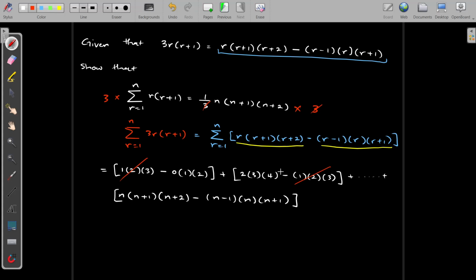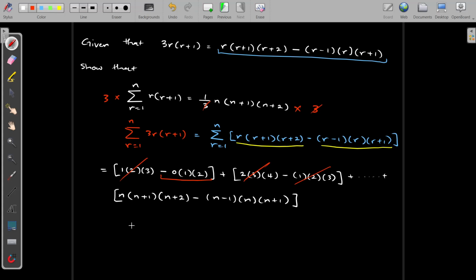We wouldn't need it necessarily, because everything except something in the first bracket will cancel out. So this is the only thing that isn't cancelled out. That's just a 0, so it's not even necessary. Now in the last bracket, we have all of this.